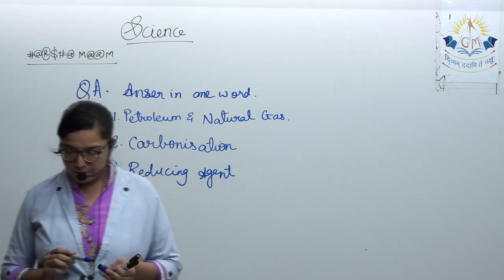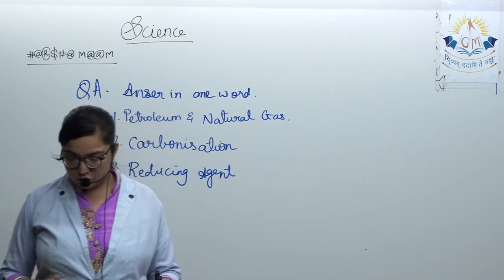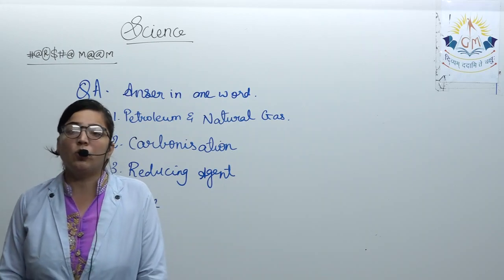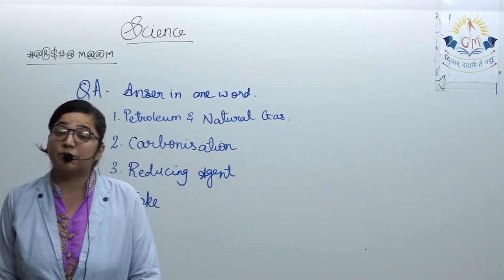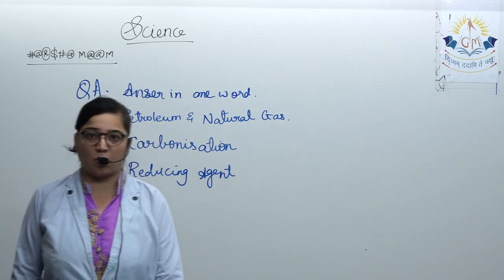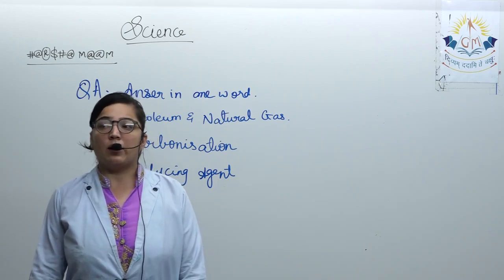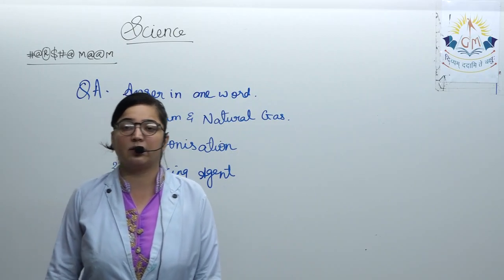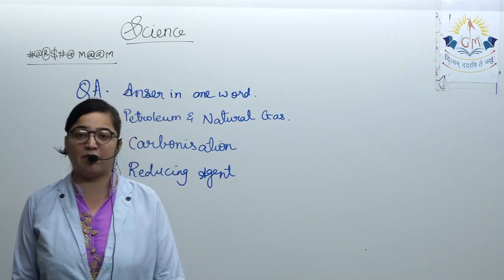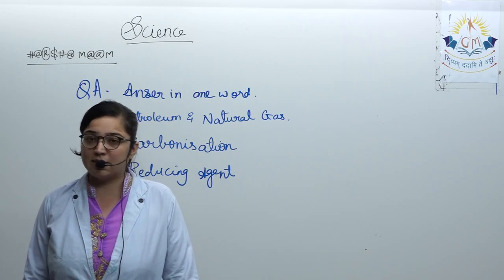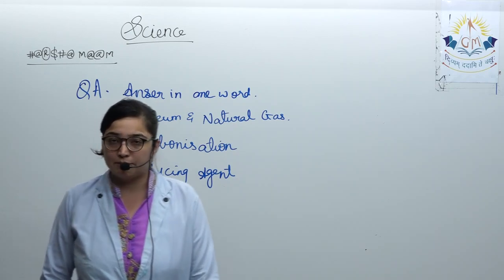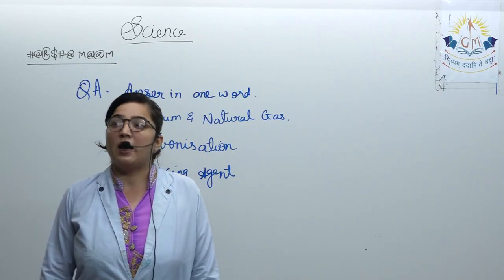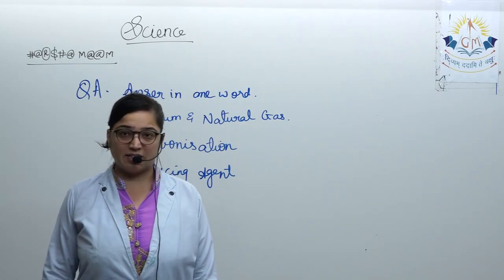Which property of petroleum is used for separating it into various fractions? You already know that petroleum contains many other things also, like diesel, paraffin wax, kerosene, all these things. It is not petrol alone. It is separated by fractional distillation.